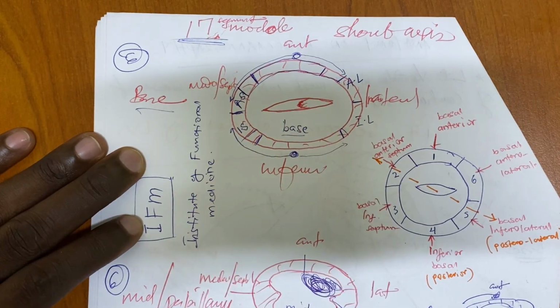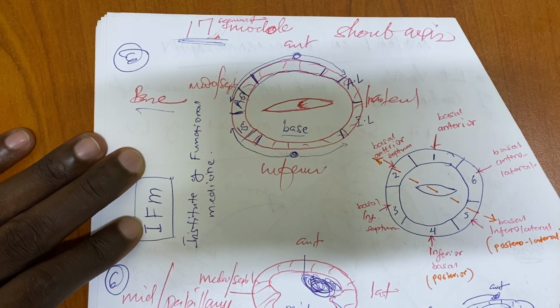The base, meaning the rest are moving well. Or the inferior wall is hypokinetic at the mid. Maybe the basal and the middle part of the inferior wall are hypokinetic. That's how we describe.